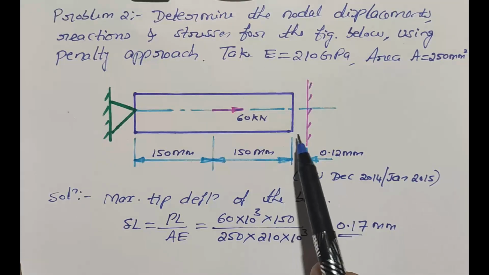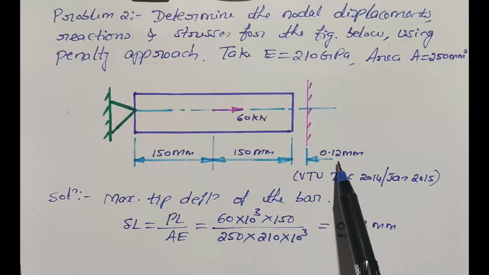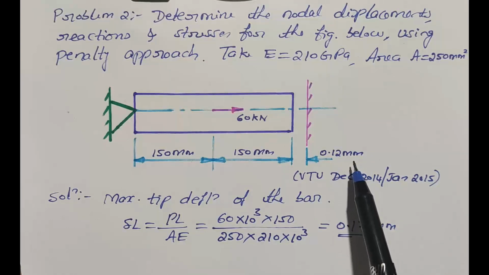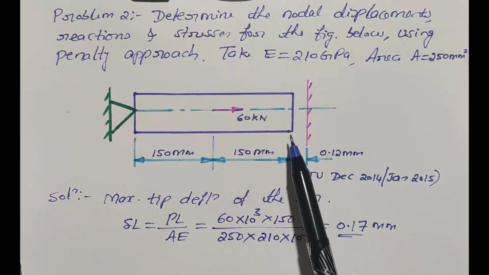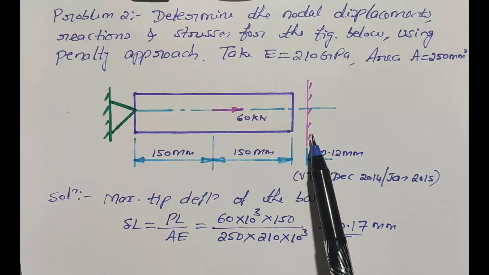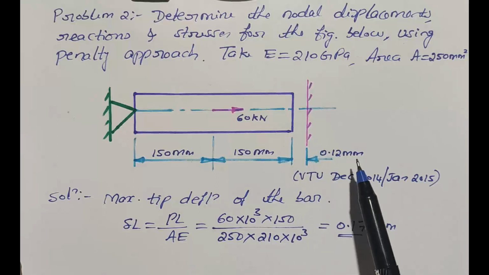But see the gap here, we have only 0.12 mm gap. Means the bar cannot extend up to 0.17 mm because the gap between the free end of the bar and the support is only 0.12 mm.